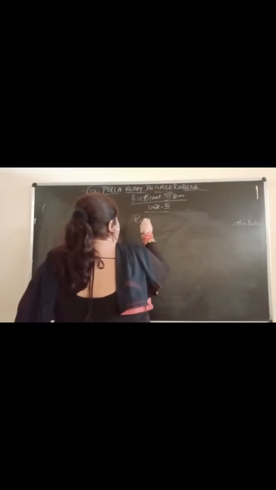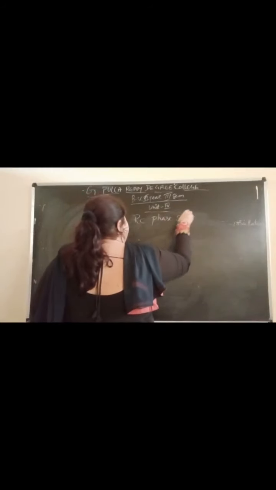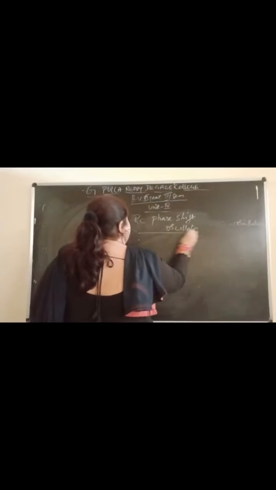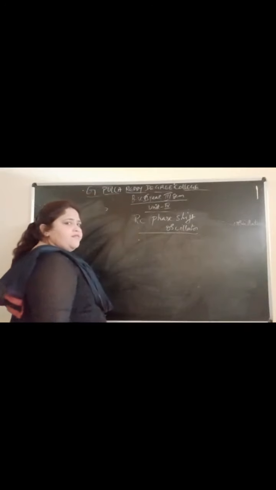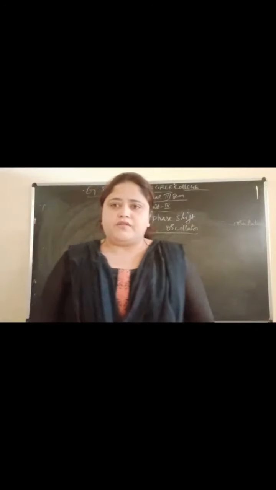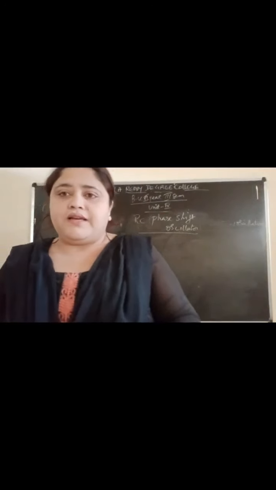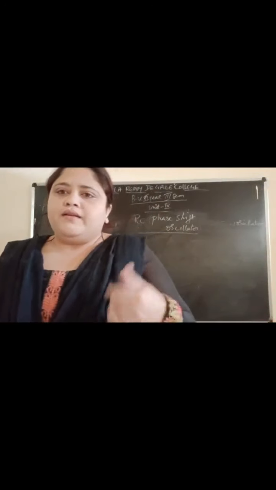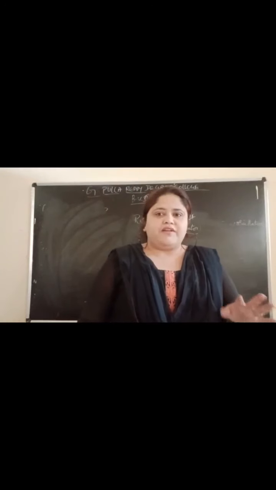You can call it RC phase shift oscillator, or you can simply call it phase shift oscillator. But when you call it RC phase shift oscillator, it indicates that you are including the resistor and capacitor in the feedback network.